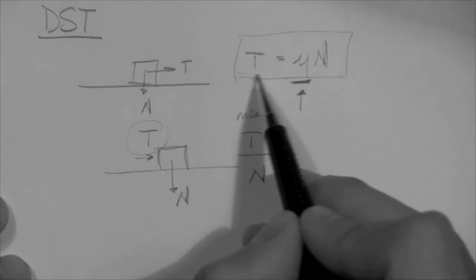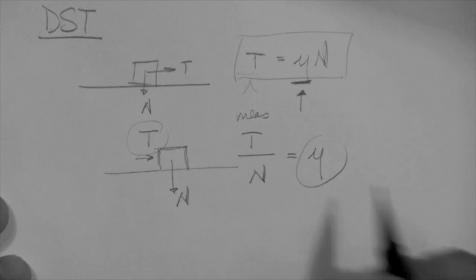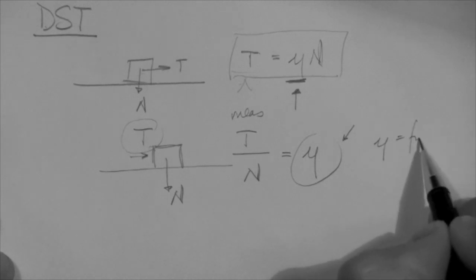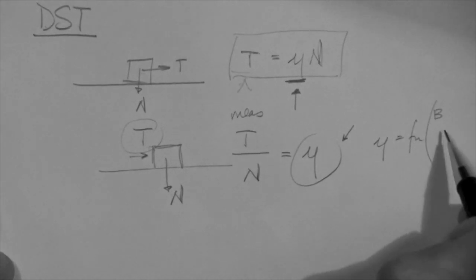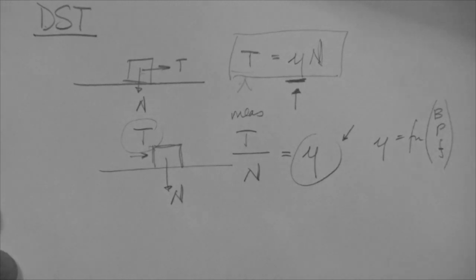I'm just bringing the N down here, right? And then you can actually get this mu. And this is how you would measure mu. And remember that mu is a function of the block material, the plane material, and the fluid in the pores at the interface.